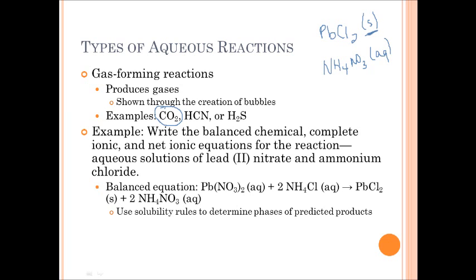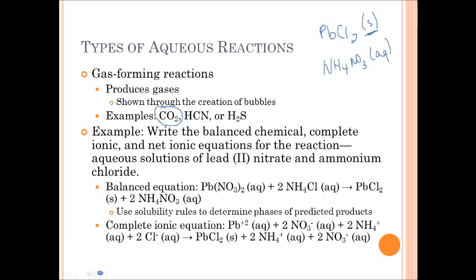But we got to do our complete ionic. Okay, so our complete ionic, we're going to take anything that's aqueous here. Anything that's aqueous. So this one, and this one. And we're going to break it apart into its ions.